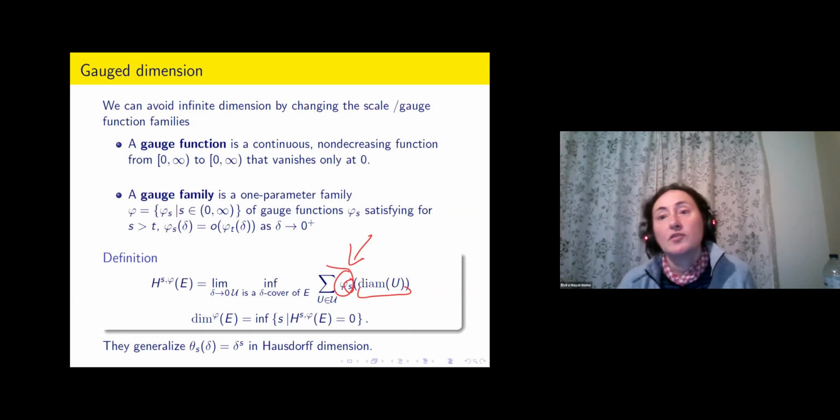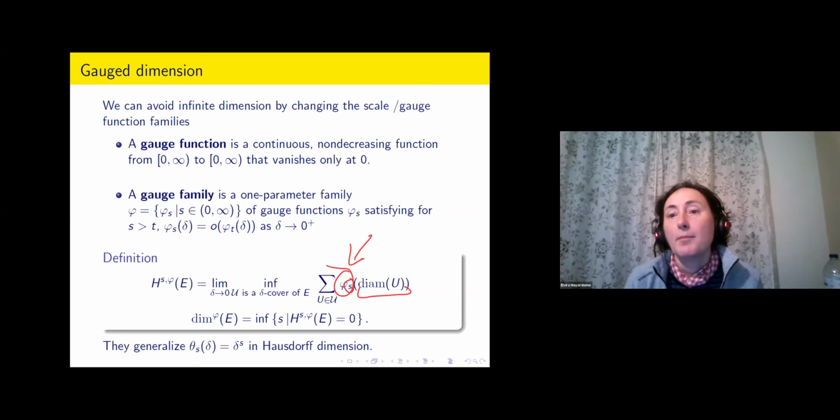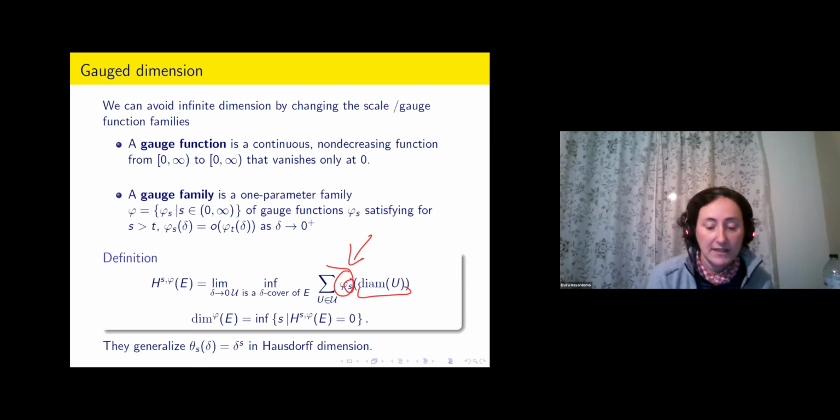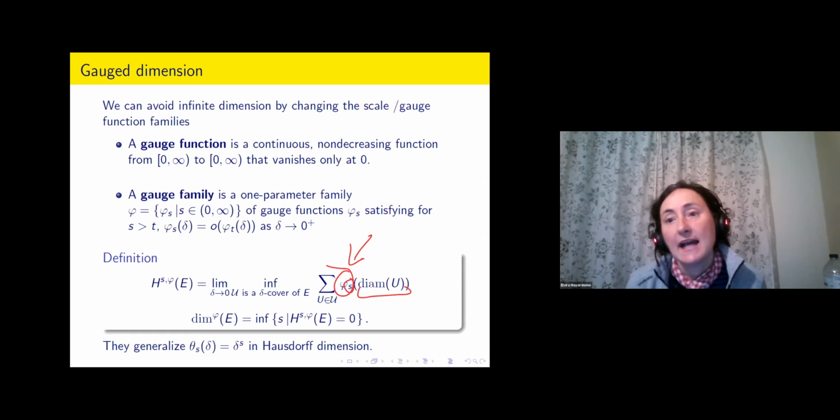And of course, you may have seen this without the s parameter, and then you are trying to find the right function for this. But in order to do dimension, allow me to consider gauge families, which are functions with two arguments, s and the diameter.